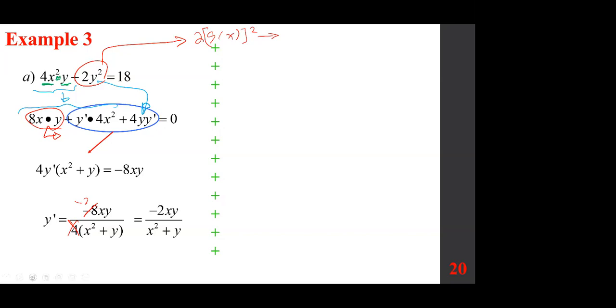How do we differentiate that? 2 times the exponent is 2, and then times g of x raised to the power of 2 minus 1, right? By the power rule and by the chain rule times g prime of x, where g of x is y and g prime is y prime. 2 times 2 results in 4. Does that make sense? Yeah, that makes more sense.